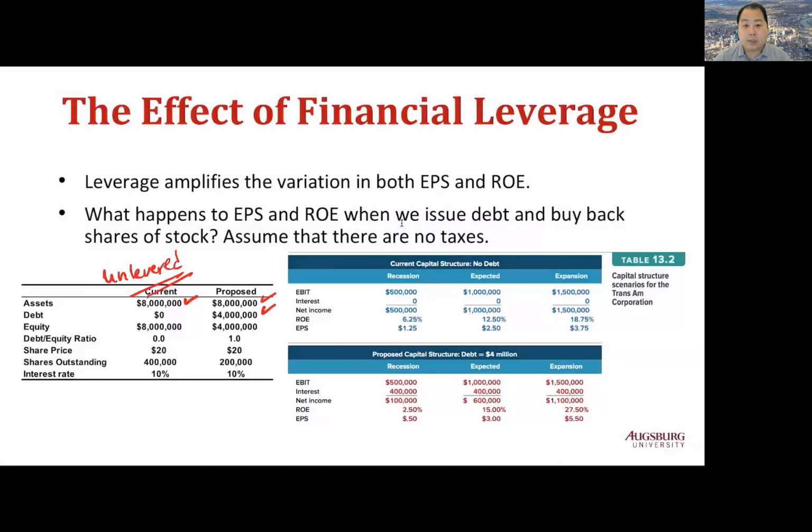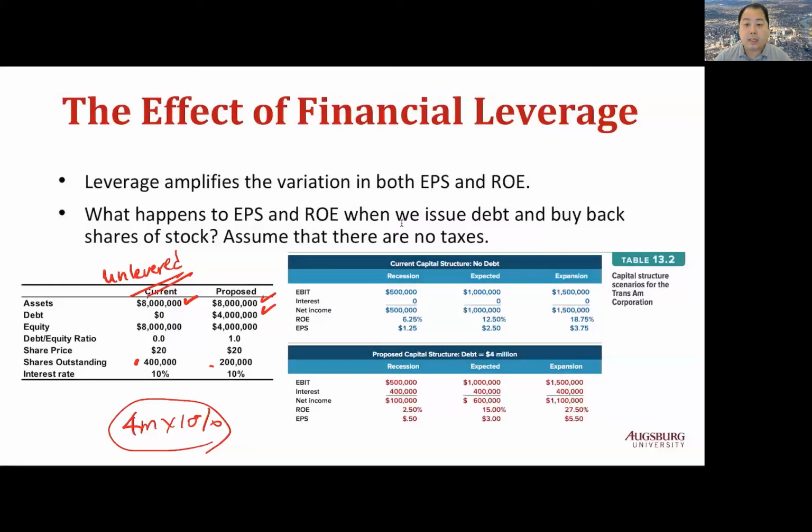If the interest rate is 10%, then the firm should pay $400,000 interest every year. Let's assume that the share price is $20, then the number of shares outstanding is 400,000 currently and 200,000 after restructuring.